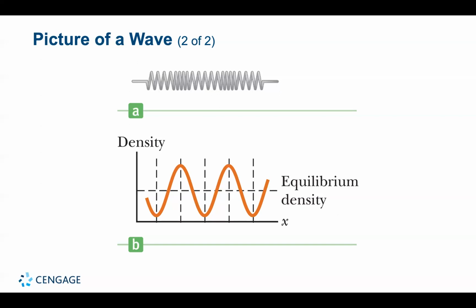So the type of wave represented by the curve in the bottom figure is often called a density wave or pressure wave, because the crests, where the spring coils are compressed, are regions of high density, and the troughs, where the coils are stretched, are regions of low density. Sound waves are longitudinal waves propagating in a series of high and low density regions.